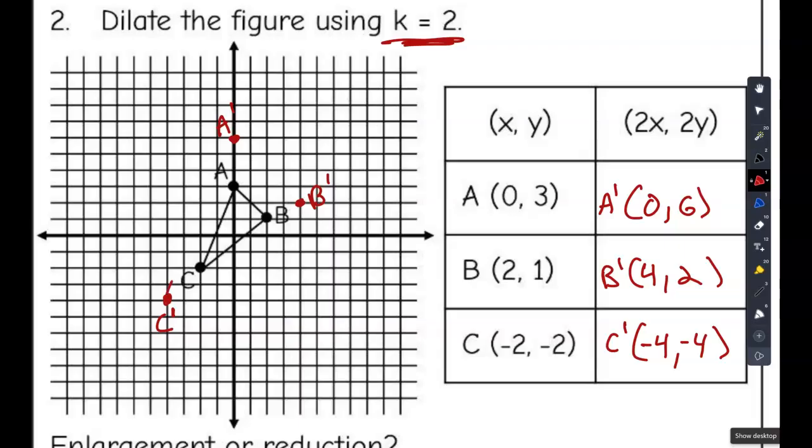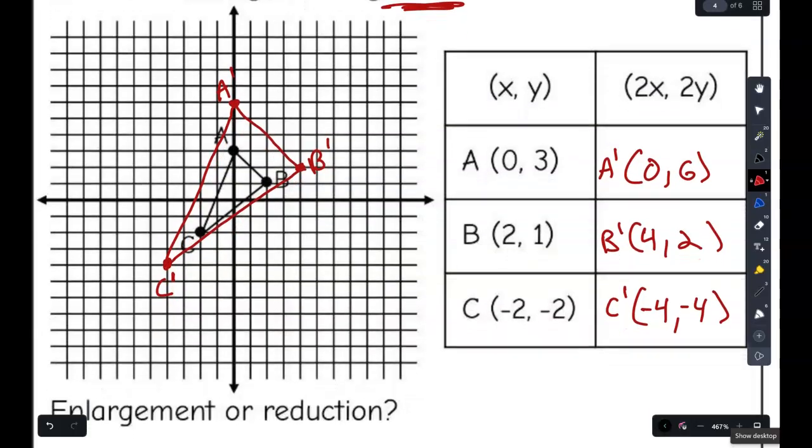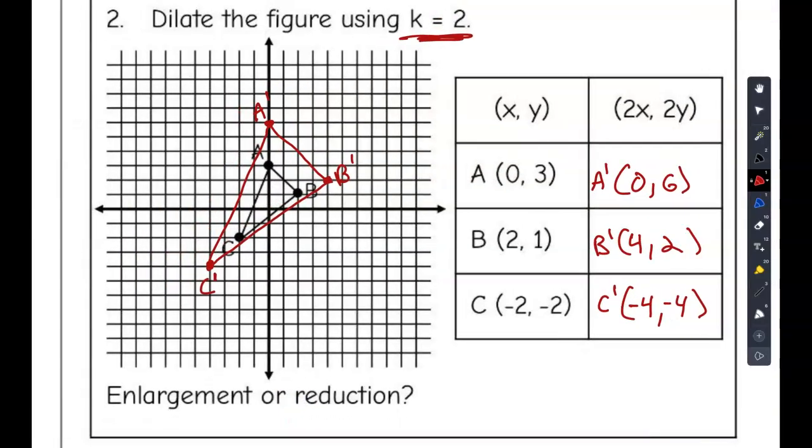Then you can connect the dots. Now I have my shape that's been enlarged with a dilation and a scale factor of 2. The last part asks if it's an enlargement or a reduction. It is an enlargement.